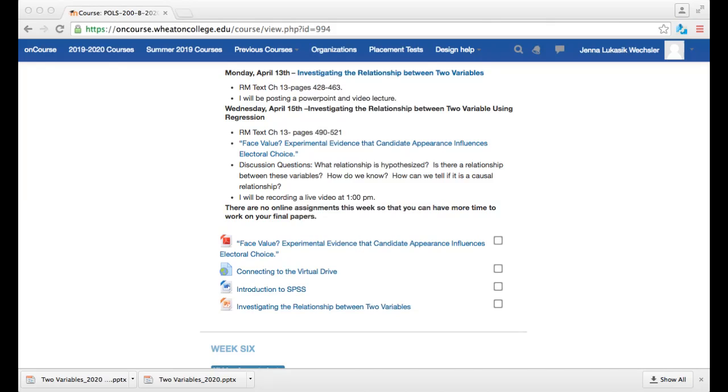So this is also a table drawn from your textbook, just to give you some ideas. So it's summarized in the first column. We see your type of dependent variable. So if it's quantitative, we're thinking more ratio or interval level data. Sometimes it could also be ordinal level data.